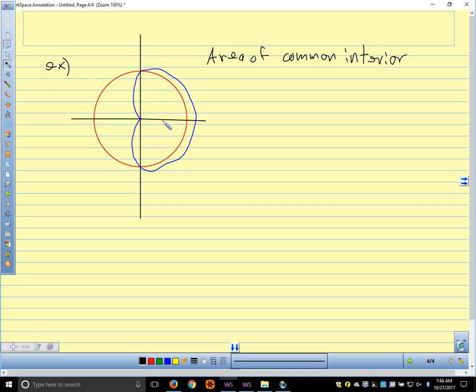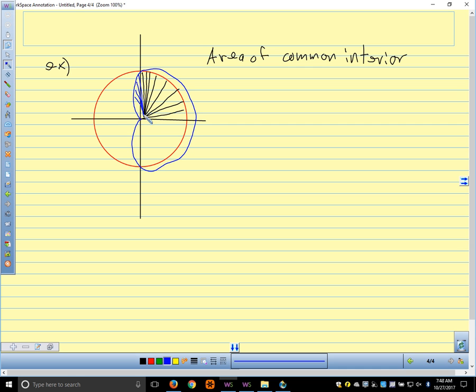From theta equals 0 up here to pi over 2, we're sweeping out just the area of the circle. But then we get to here, and we start sweeping out the area of the cardioid.